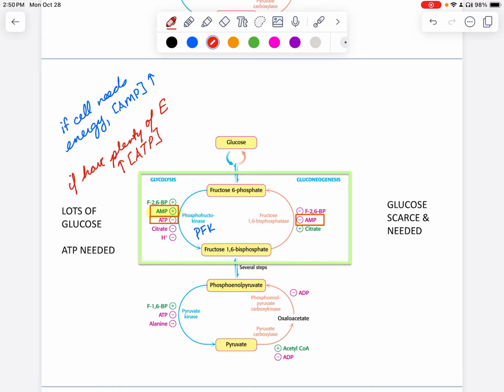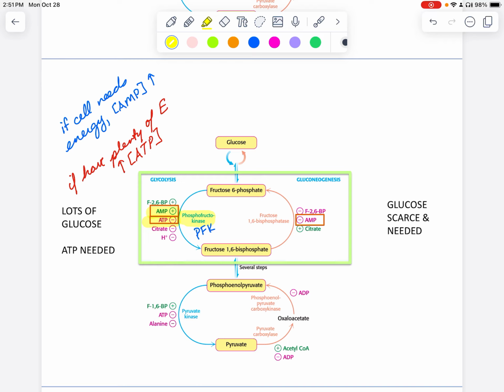And hence, if we start seeing lots of ATP, that's going to be a negative effector of PFK. It's going to say, hey, wait, we got enough energy. Let's stop this glycolysis. Remember, these are allosteric effectors, so the AMP and the ATP would bind to some regulatory site on our PFK and slow it down.